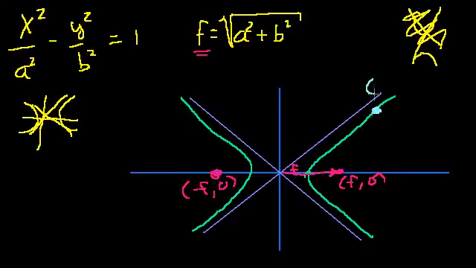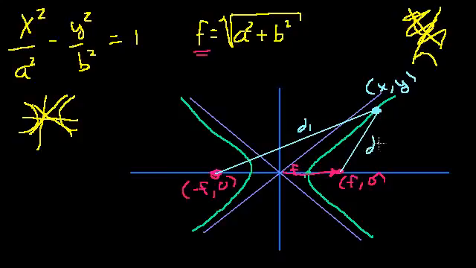So if this is the point x comma y, and it could be any point on the hyperbola, and we take this distance right here, let's call that d1, and subtract from that the distance to the other focus, d2, that number is a constant regardless of where we are on the hyperbola.